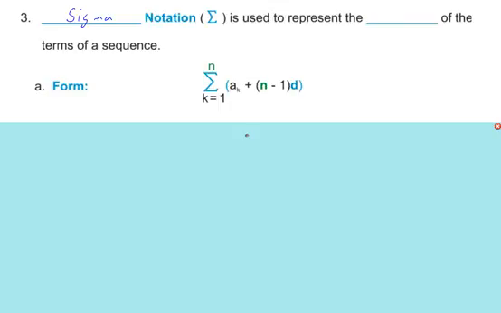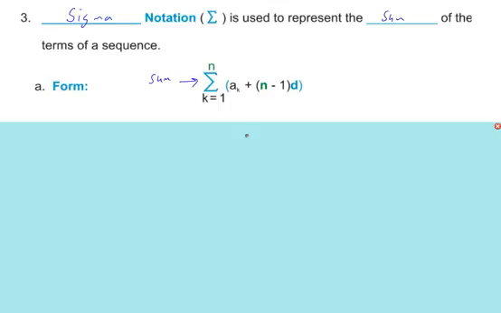Sigma notation is used to represent the sum of the terms of a sequence. So instead of doing S of n, we can use sigma notation, and you're supposed to know that means find the sum. When you see sigma, you have to think sum.